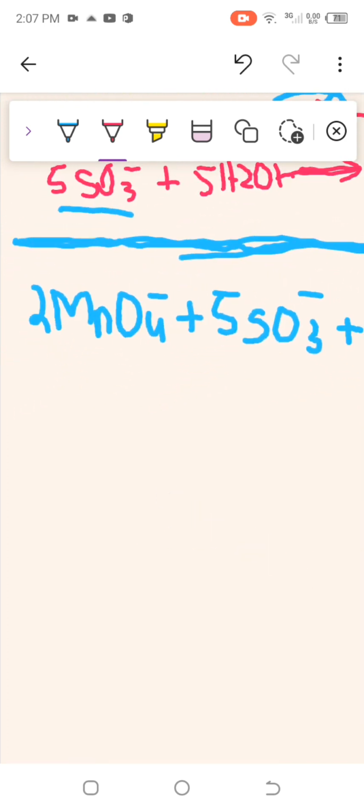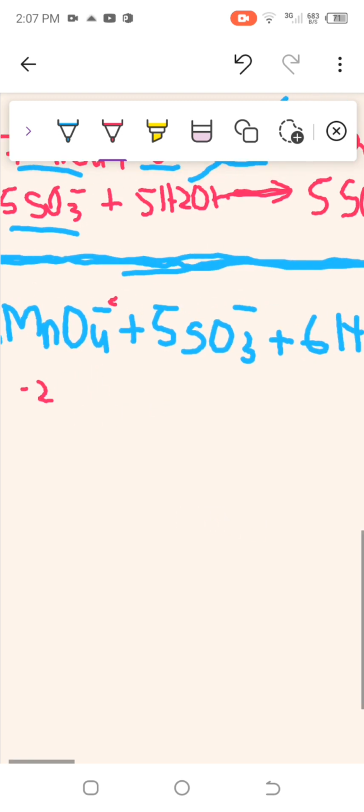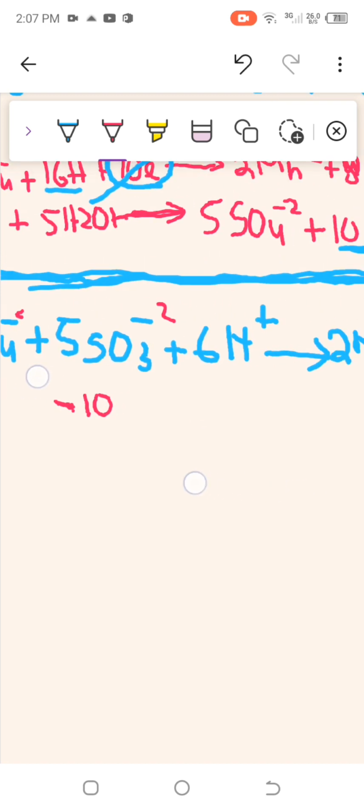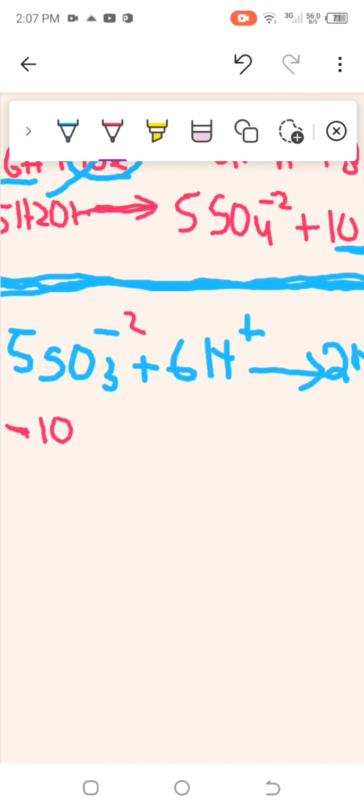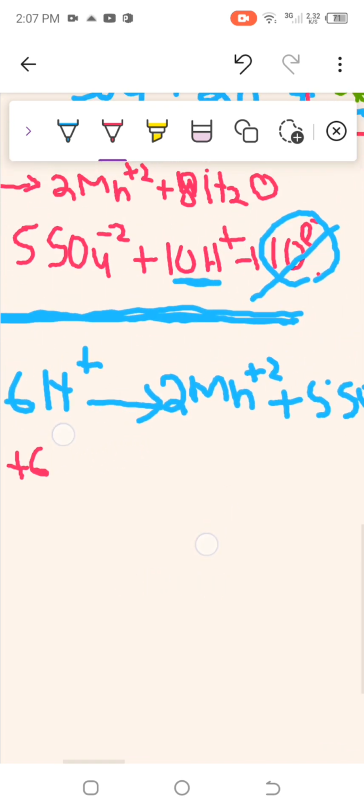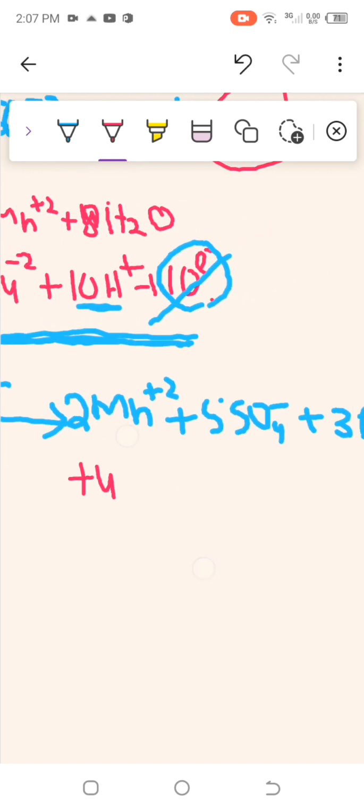So here you have charge which is minus 2. Here we have 5 2s are 10 minus. It is plus 6. Here it is plus 4. Here again we have 2.